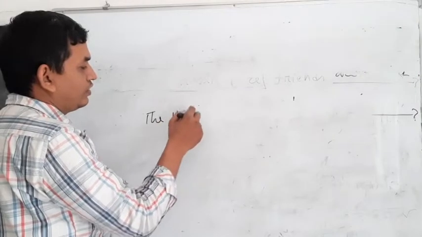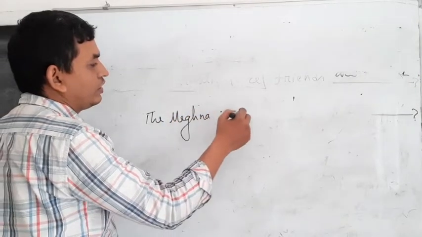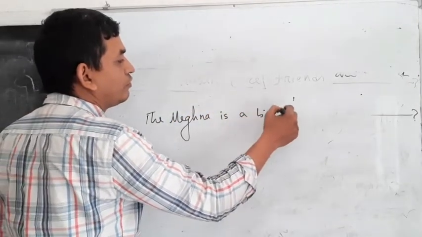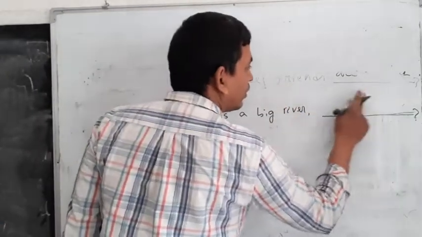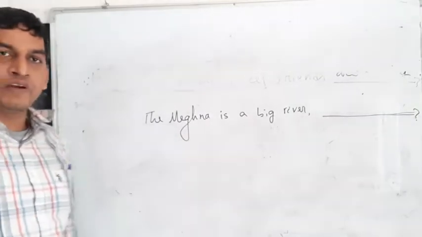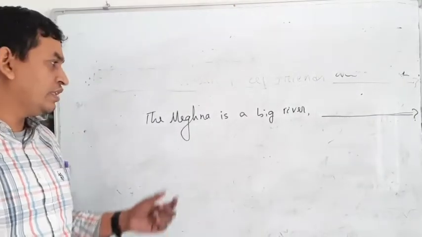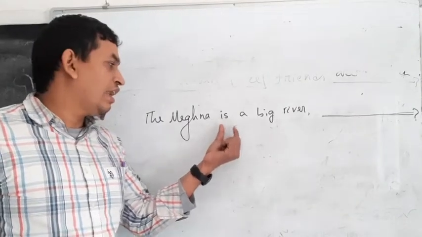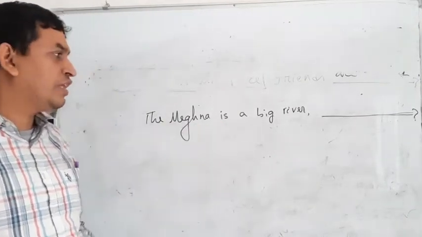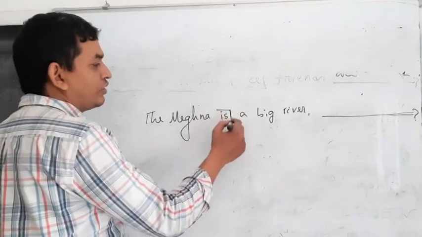Let's try. The Meghna is a big river. In this sentence, the verb is is, and the subject is the Meghna. You know that is is also used as an auxiliary verb.